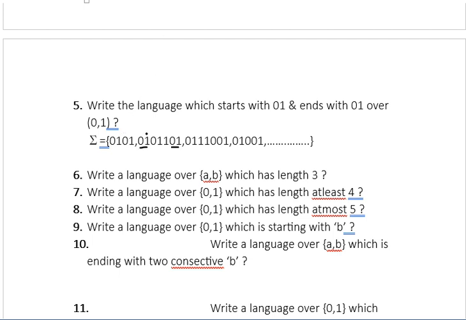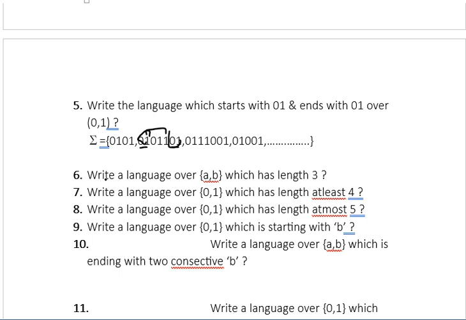It is starting with 0, 1 and ends up with 0, 1. In between, we have 1, 0, 1, 1. In between, it can have any type of string, but it should contain starting 0, 1 and end up with 0, 1. That is our condition. So in this way, we can form as many strings as we want. So this is also an infinite language.